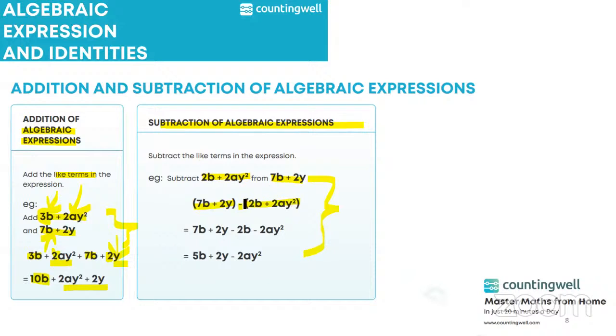Once we open the second bracket, we'll have minus 2b minus 2ay square. Now let us find the like terms. We have 7b and 2b as like terms. So 7b minus 2b is 5b. We'll write 2y as it is and 2ay square as it is along with their signs because they are unlike terms.